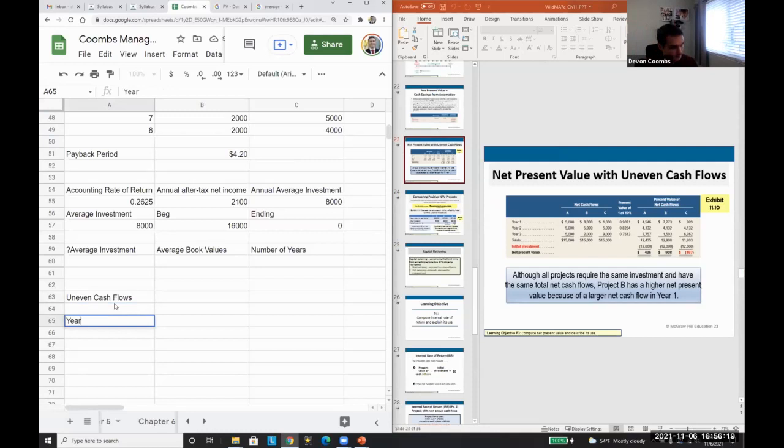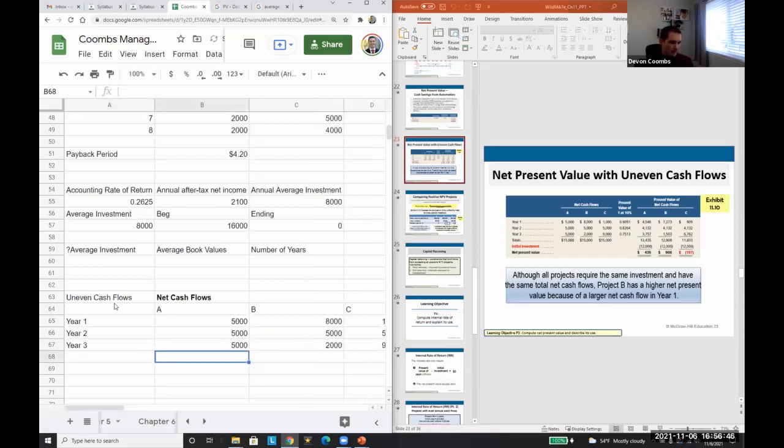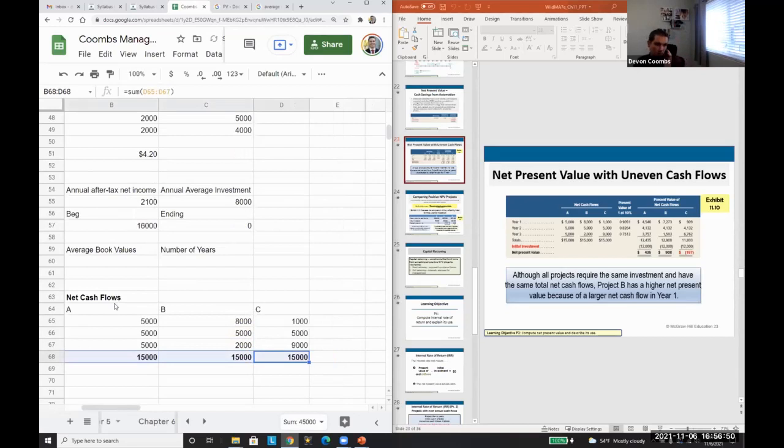Let's see, year 1, 2, 3, A, B, C. Let's enter this in so you have the example. 8,000, 1,000, 5,000, 5,000, 2,000, 9,000. These are the cash flows each of these individual projects will create. They'll all create $15,000 in cash flows, but at different times.